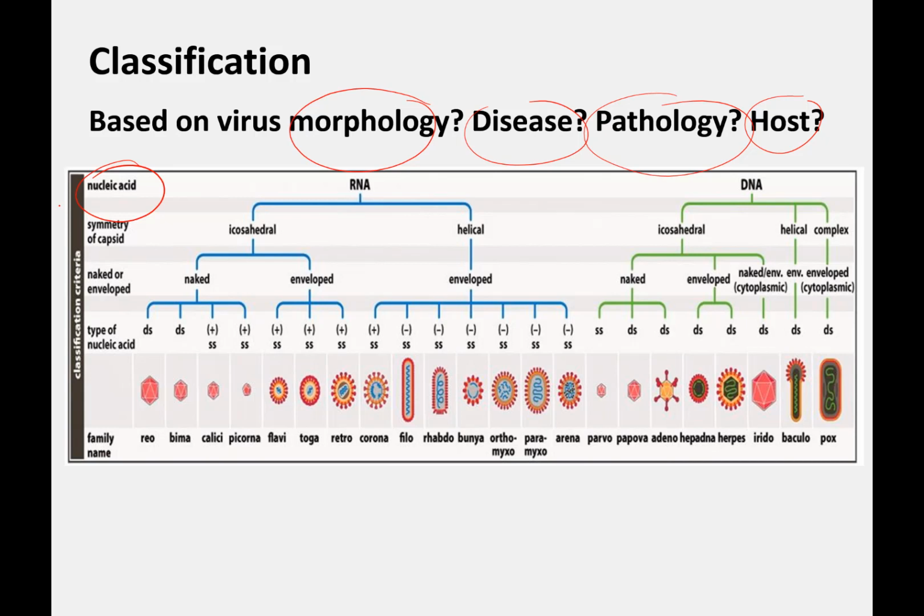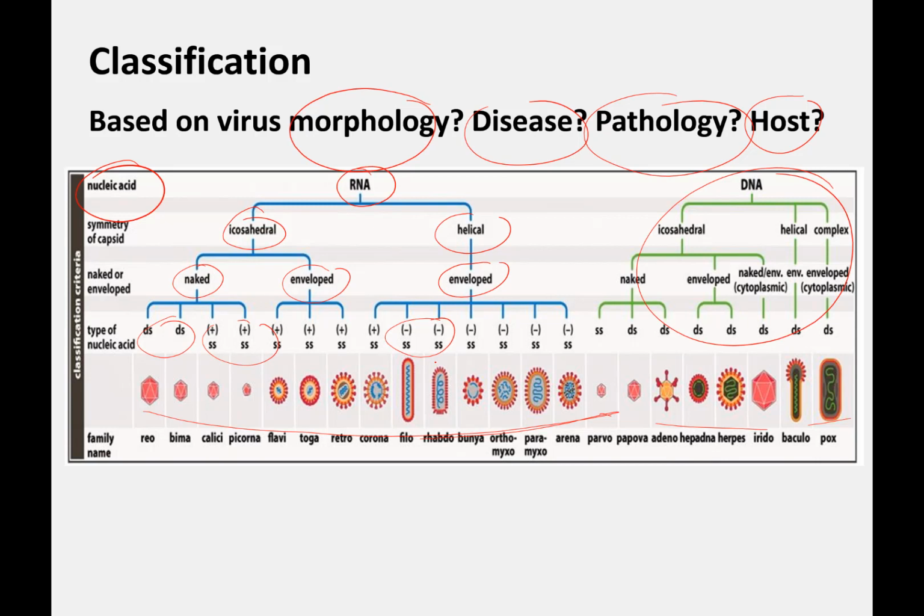So you can see here, RNA viruses can have different morphologies. They can be naked or enveloped. They can have double-stranded, positive, negative sense, and they look quite different. Same with DNA viruses.